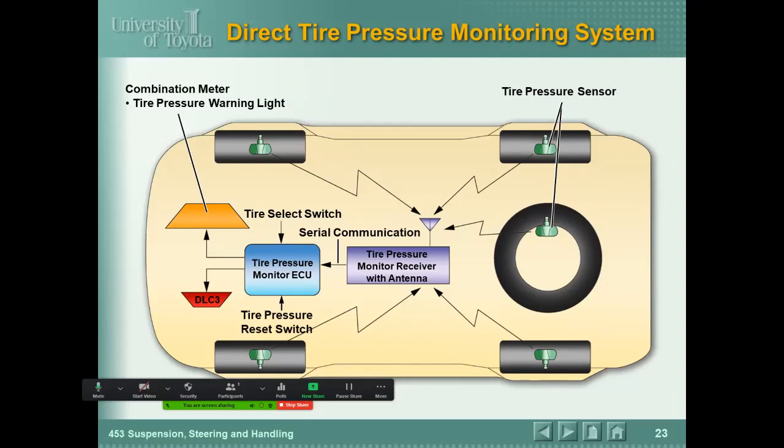Previously, we used to use this system called indirect sensing. Indirect meant that we were using the ABS wheel speed sensors to determine if we had a low tire. We found that that wasn't accurate enough to meet the federal guidelines, and so manufacturers had to go to a direct type sensor like this. And now the engineers have figured out a way to go back to using the wheel speed sensors.